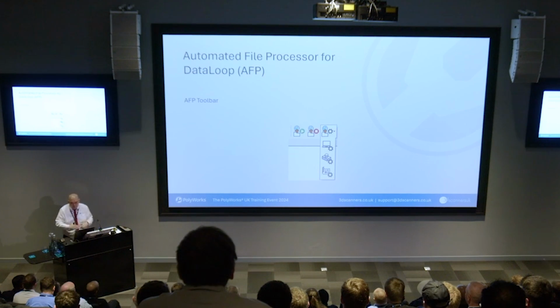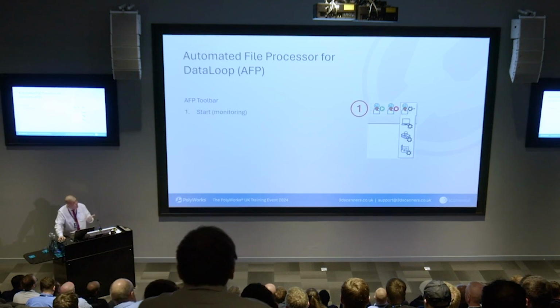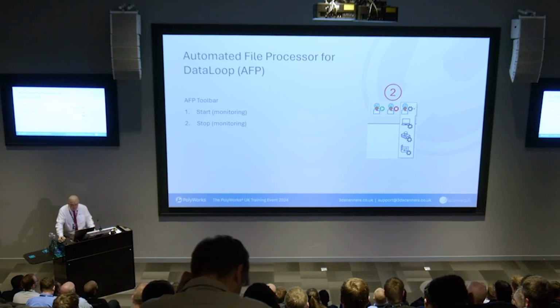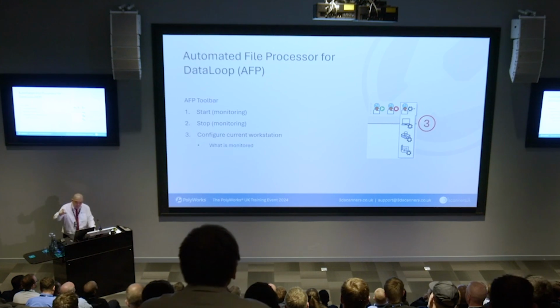So what InnovMetric have introduced is a new AFP toolbar, which allows us to monitor a folder. The first button will start the monitoring process. The second button will stop the monitoring process. The third button, the first tool within there, allows you to customize or configure the current workstation, i.e. where it's looking and what it's looking for.